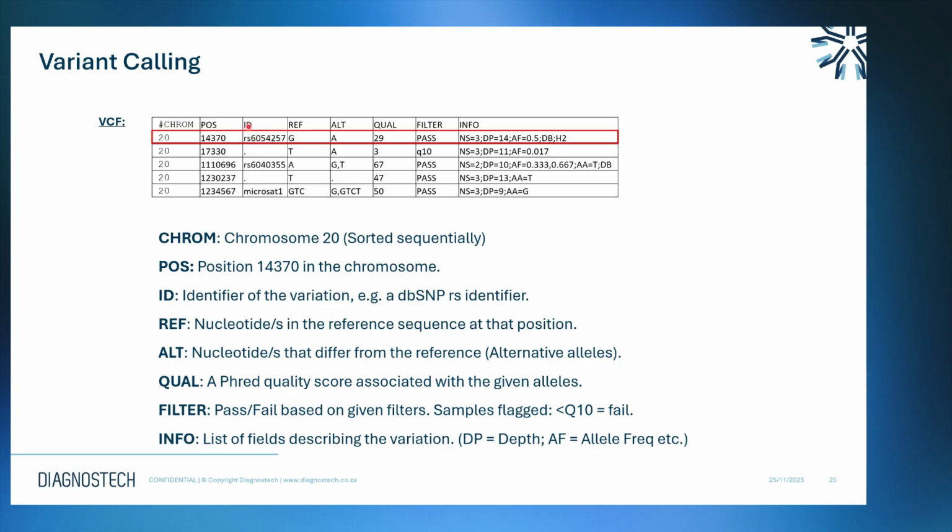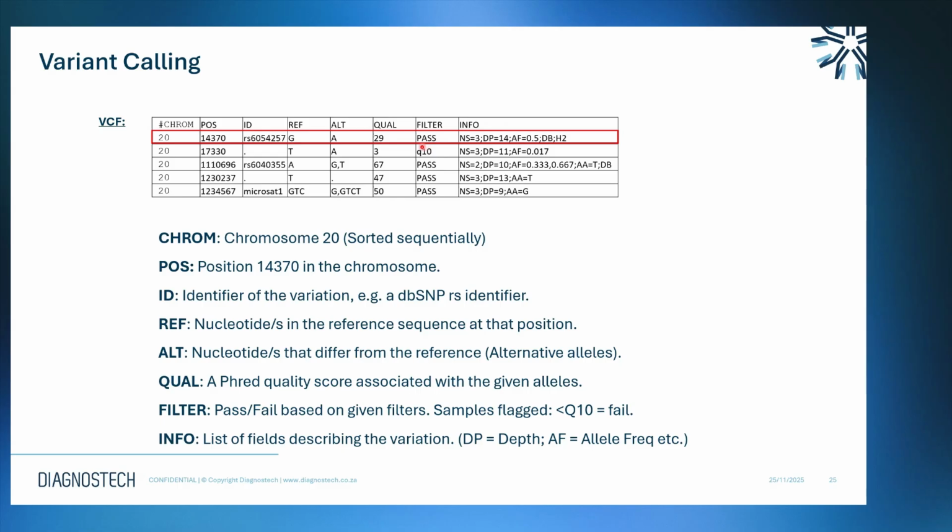But if there is, the variant calling tool can pull that through and tell us this SNP is a known SNP, and here's its RS ID. We then get the reference sequence and then the alt sequence, which is the alternative allele. Then the Phred quality, which here is 29, a really good prediction. The filter tells us that this passes based on the quality and allele frequency. And then we have a lot of other metadata, being the depth, the allele frequency, and so on.